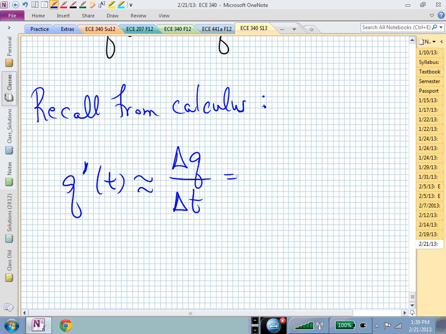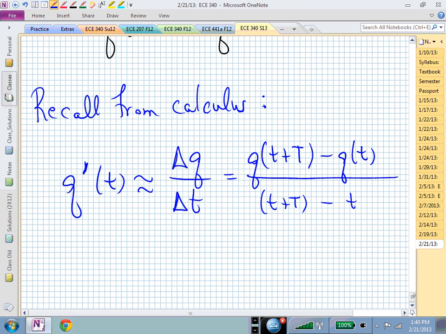Well, the delta Q is just Q at t plus a little bit more time, capital T, minus Q of t. And if that's our time separation, delta t, that's the big T, little t plus big T minus little t.